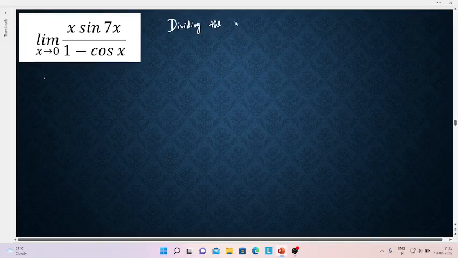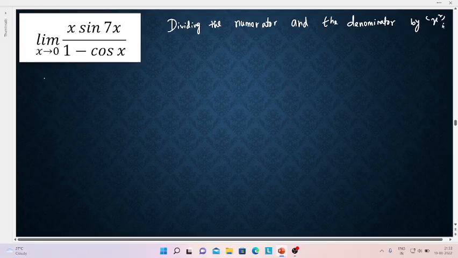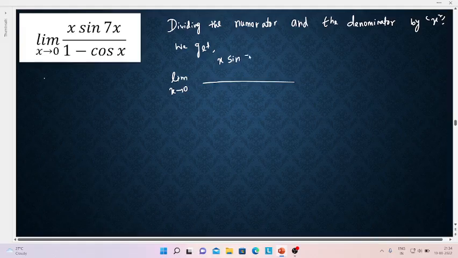the numerator and denominator by x square, so then we get limit x tending to 0 of x sine 7x upon x square, and in the denominator we have 1 minus cos x upon x square, right?